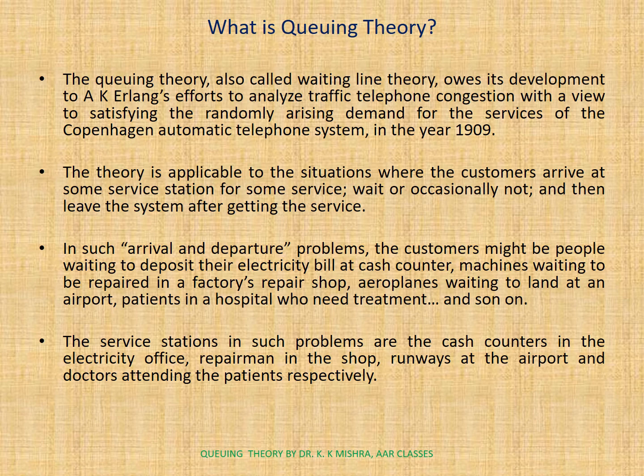Queuing theory, also called waiting line theory, owes its development to A.K. Erlang's efforts to analyze telephone traffic congestion, with a view to satisfying the randomly arising demand for the services of the Copenhagen automatic telephone system in the year 1909.